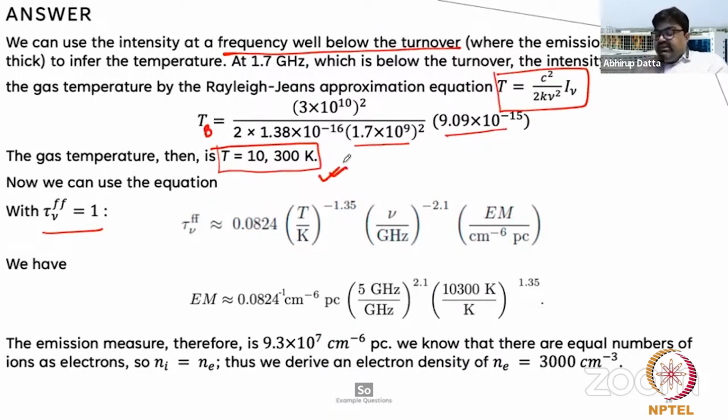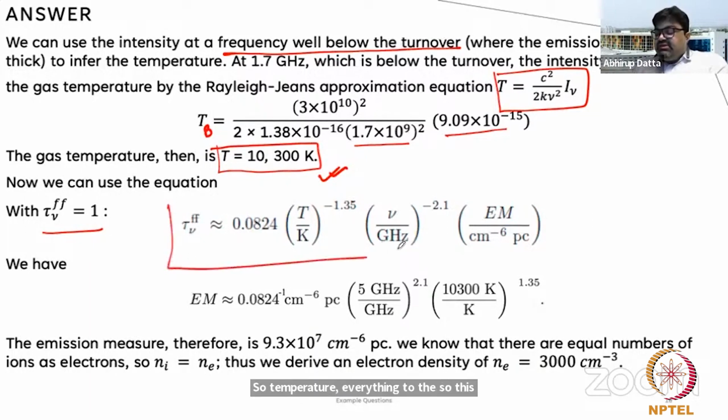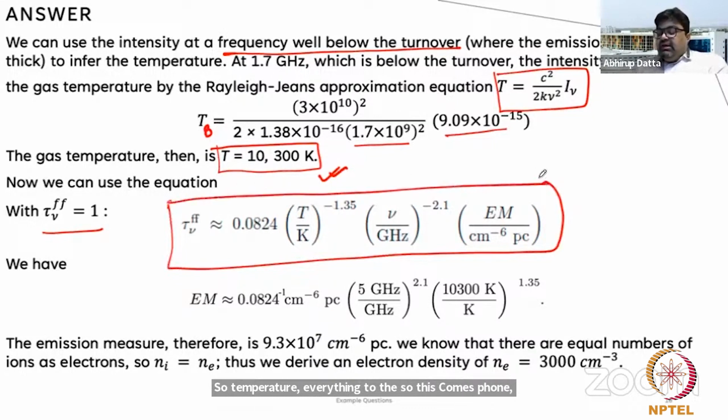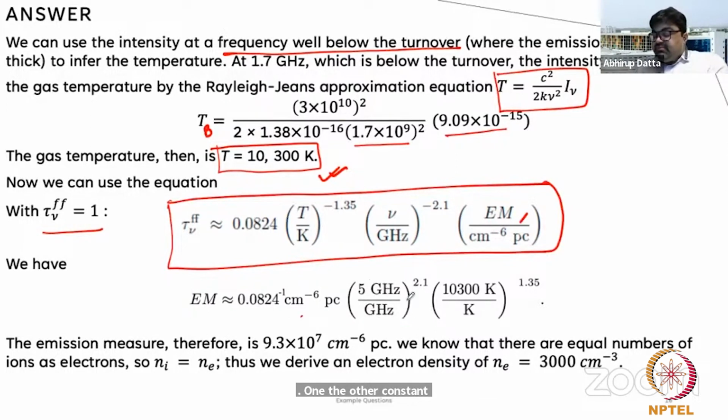Now for the density. This comes from the radiative transfer equation. If we have the optical depth equal to 1, you can relate this to the emission measure. The EM is equal to another constant, and then we put in the frequency, 5 gigahertz corresponding to 6 centimeters, and the temperature.